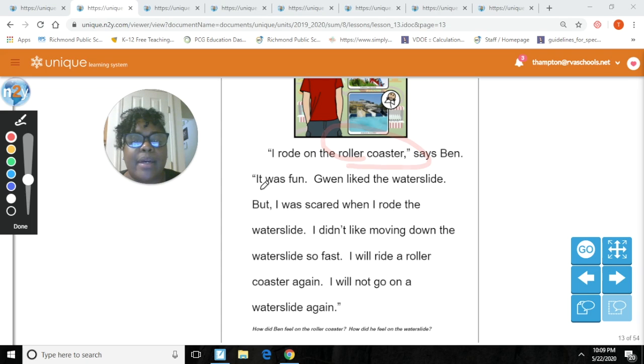And how did he feel about it? He said it was fun. Now we see here that Gwen liked the water slide. He says, "but I was scared when I rode the water slide." Who's talking? Ben. So how does he feel about the roller coaster? He said it was fun. How did he feel about the water slide? He said he was what? He was scared. All right.